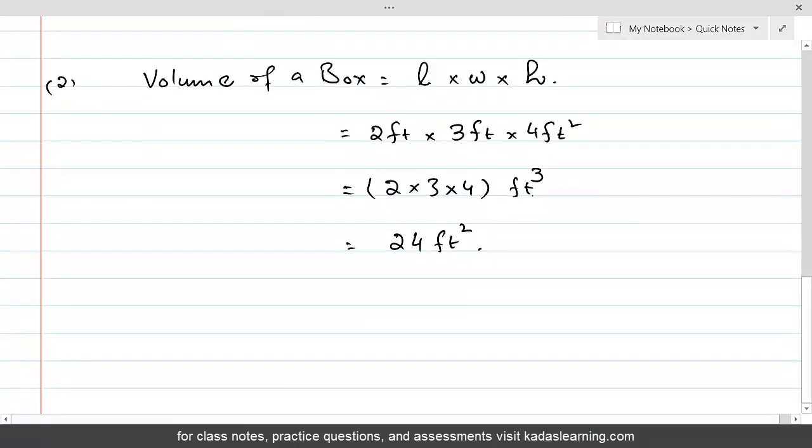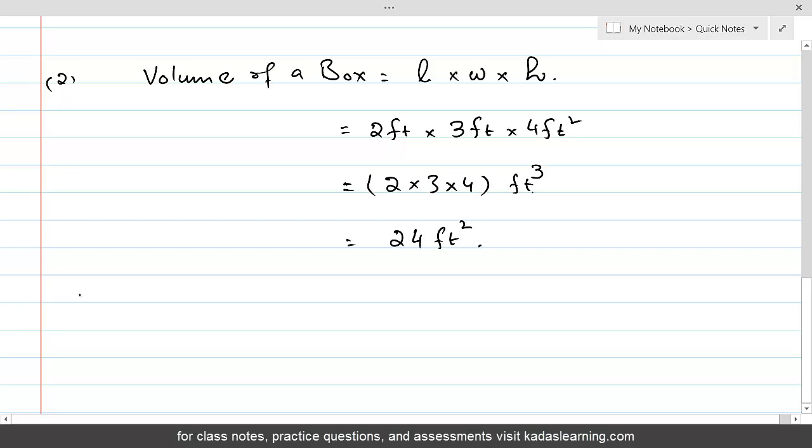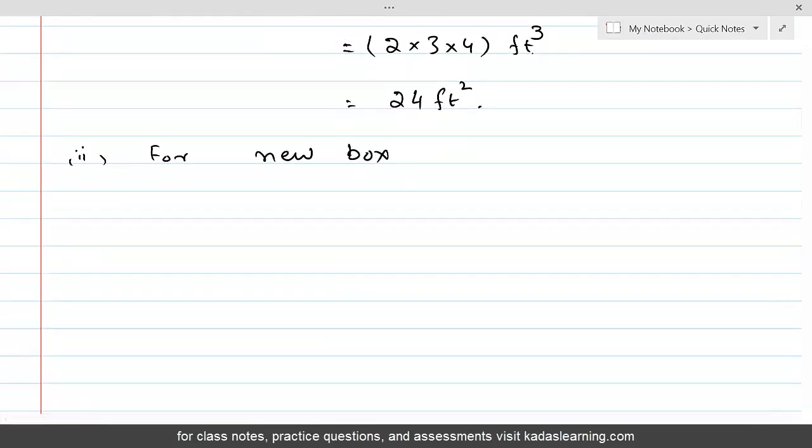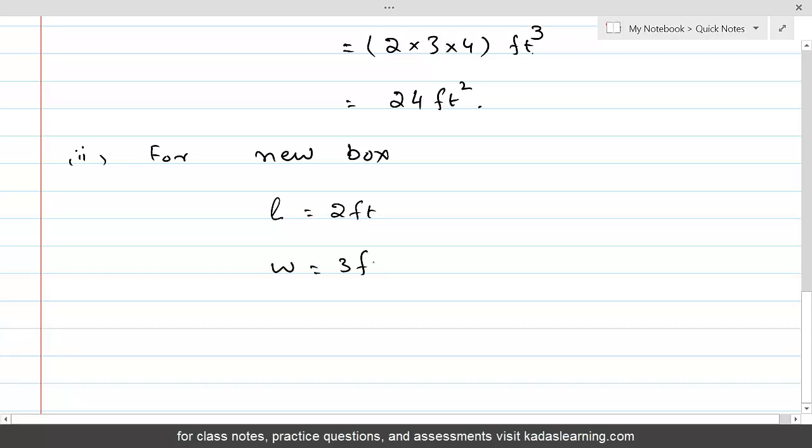Anyway, now for the second part of the same question, the length and width are the same, but this time what is changed is the height. This time for the new box, length is equal to 2 feet, width is equal to 3 feet, but height is equal to 4 feet and 5 inches.